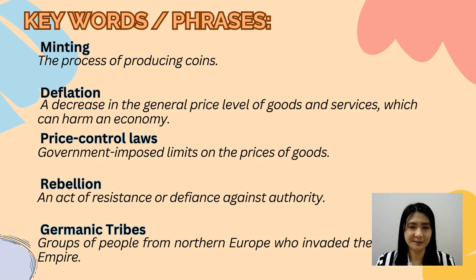Second word, deflation. Deflation is a decrease in the general price level of goods and services. Sounds better, but this could really harm an economy. For example, the Roman economy suffered from deflation due to the oversupply of coins.